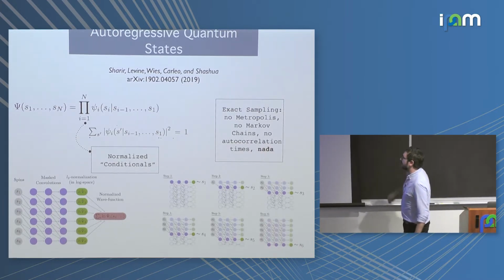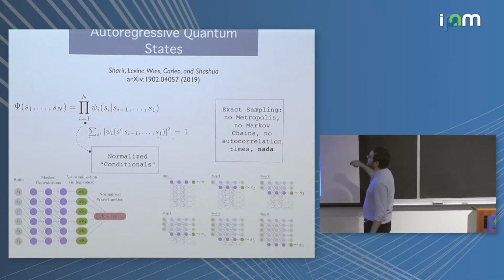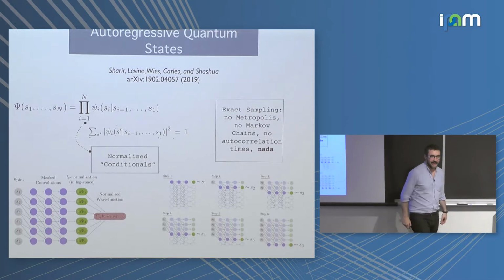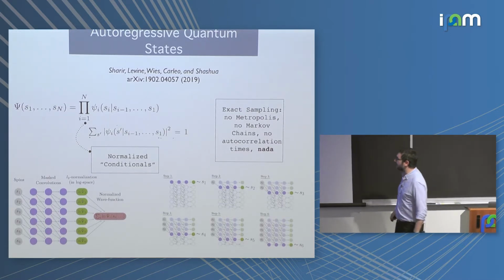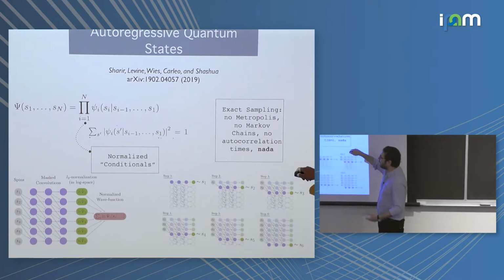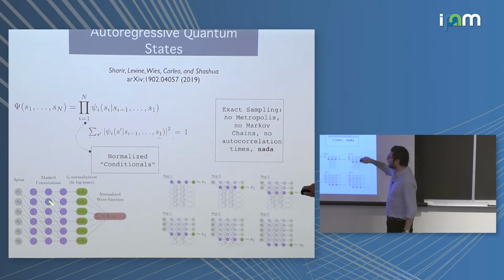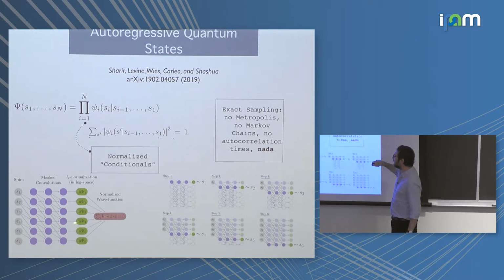So the idea is that we generalize the standard autoregressive models that people use to model high-dimensional probabilities. In the case of probabilities, you would have a P of S1 up to Sn, and you would factor this as a product of conditionals, and you would parameterize each of these with a neural network with these autoregressive properties.